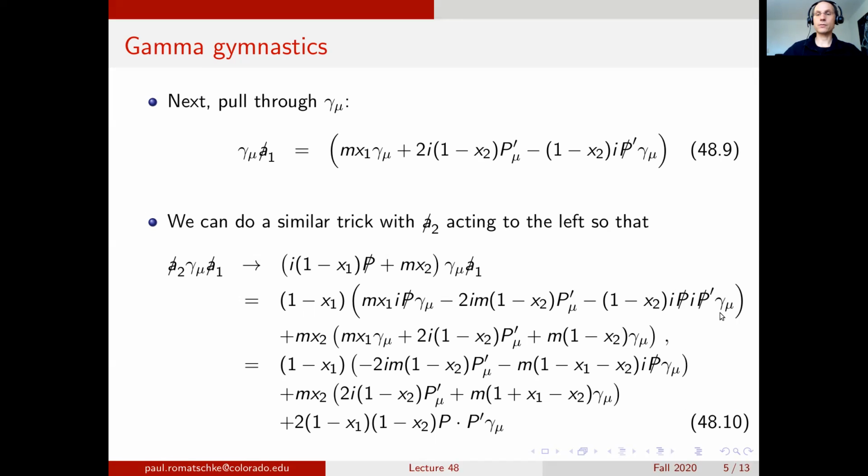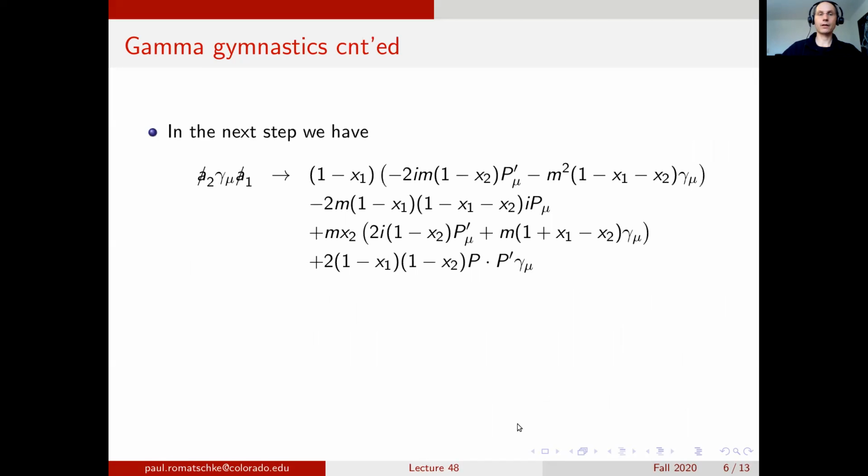And basically it's just a matter of keeping track of all the minus signs and the Kronecker deltas that appear by shifting the gamma matrices to keep up with all the terms that we get. So if we do this, then we get the following form here. So we find that there's an expression that involves all these combinations.